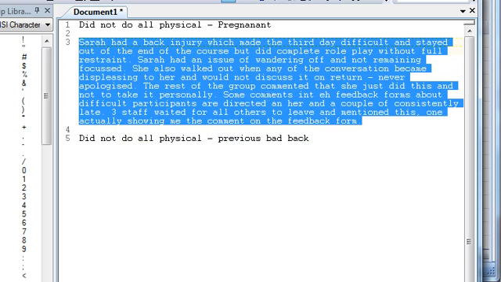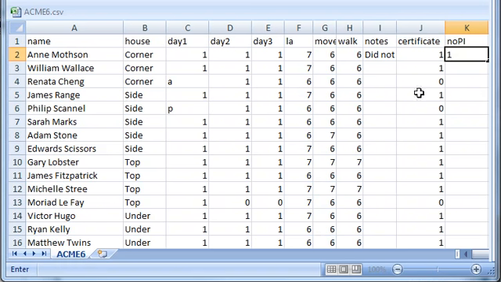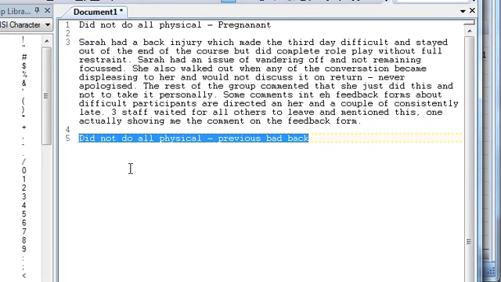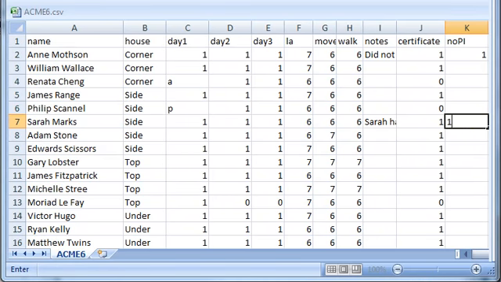So I'm just taking that chunk of notes there, and that's Sarah Marks there, and I'm just putting in the chunk of notes there. Now because of that, Sarah actually didn't complete the PI either, which is all written in the notes. Did not do all the physical because of a previous bad back. So that was Edward Scissors, if I remember rightly.